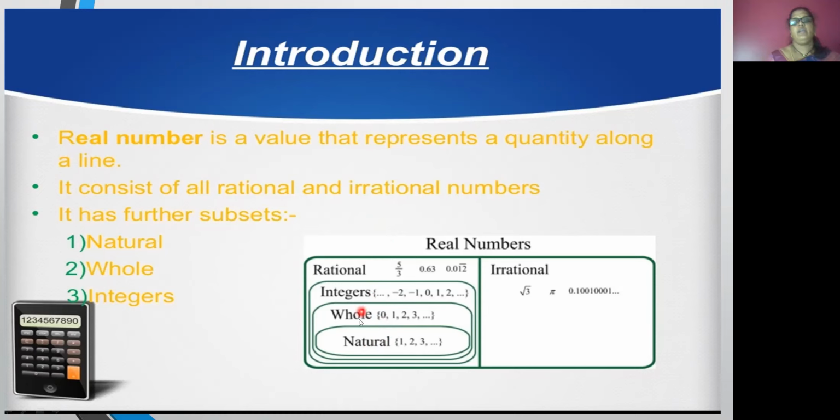Now if I add 0 to the natural numbers, what is that called? That is nothing but a whole number.